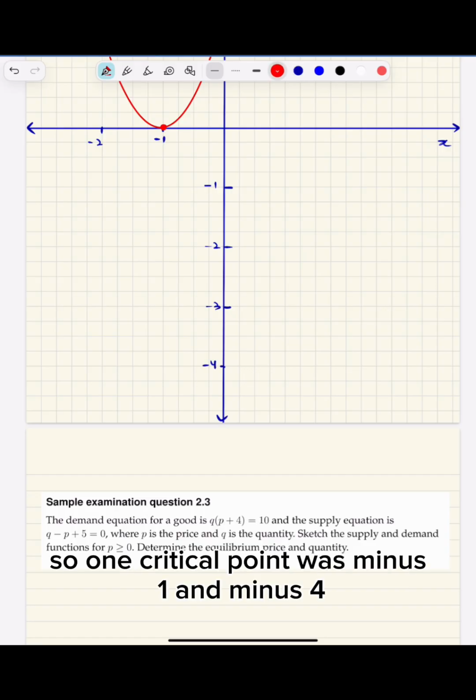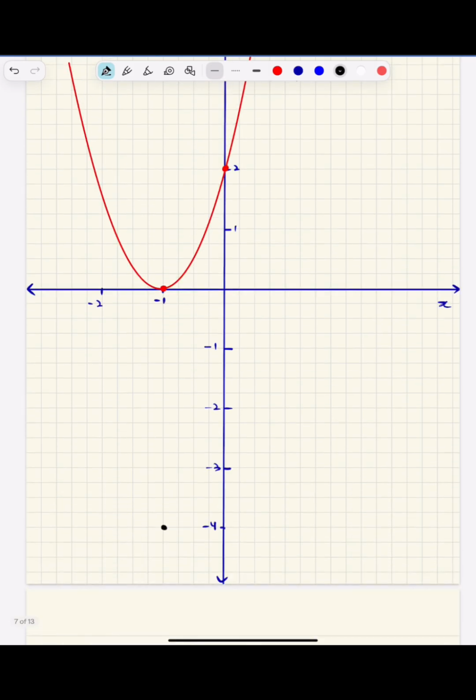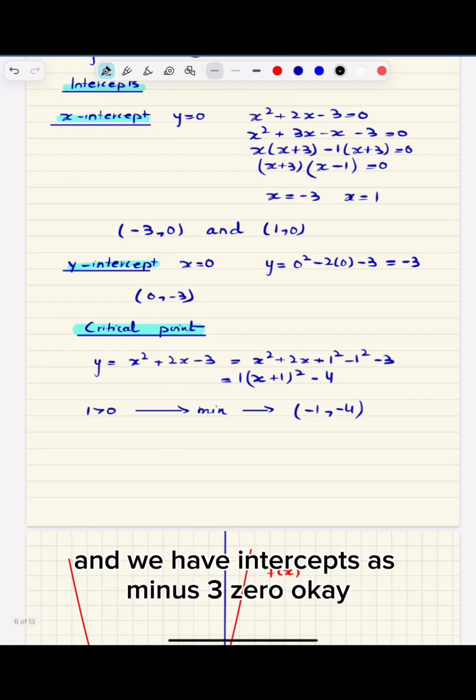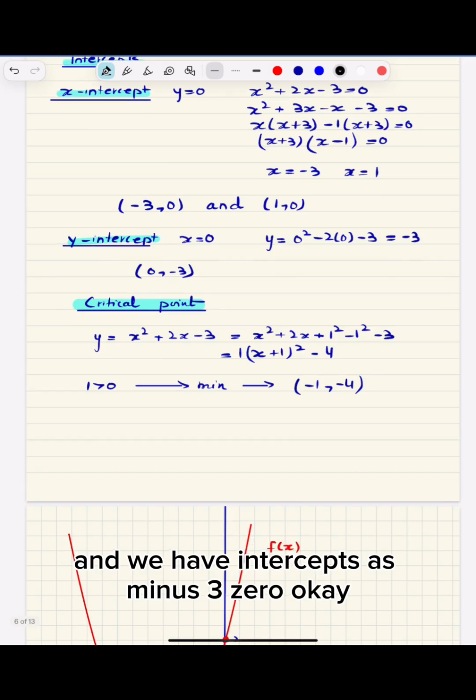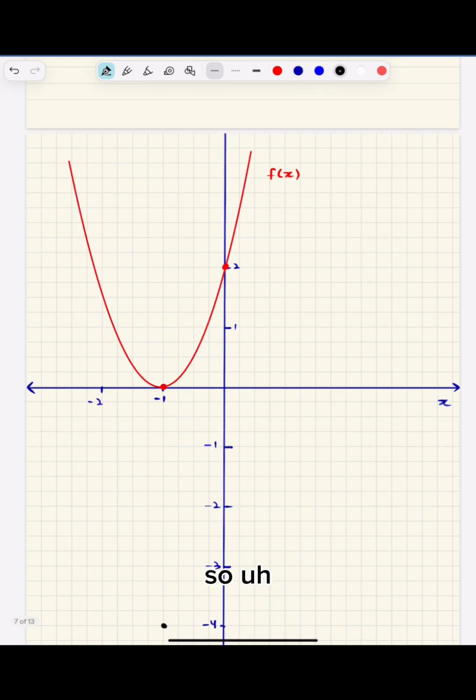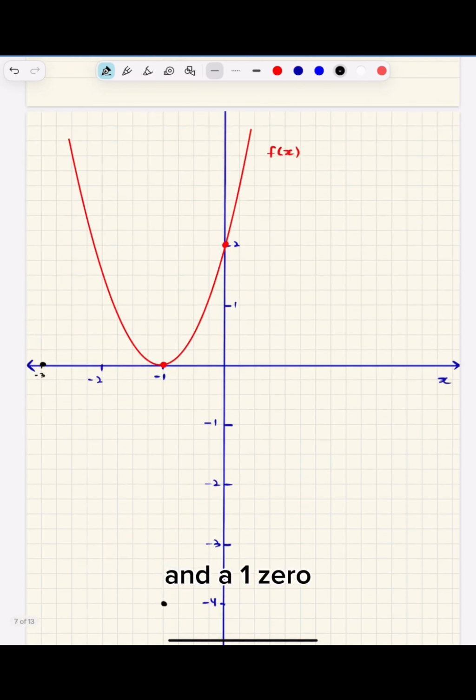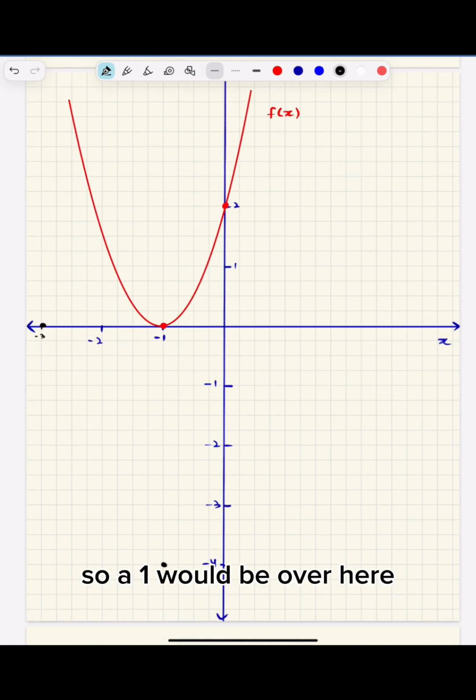So one critical point was (-1, -4), and we have intercepts at (-3, 0) over here, and (1, 0). So 1 would be over here.